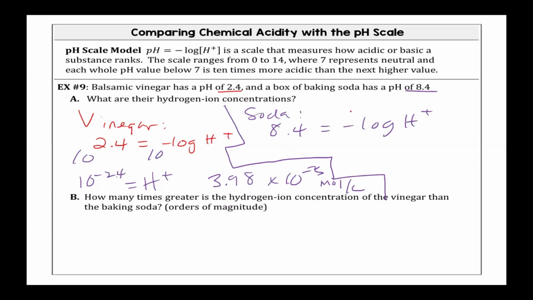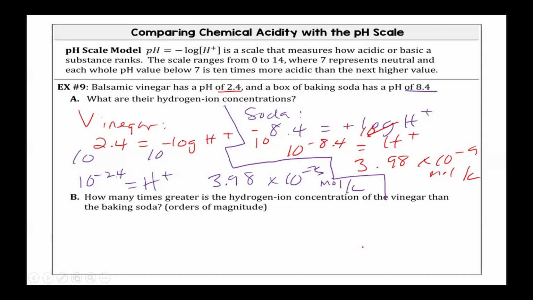Notice here that it's negative, so we divide by a negative, because the first thing is to get the log by itself, which means removing that negative. Now we raise it to 10, and the inverse property cancels that out. We're left with 10 to the negative 8.4 equals our H plus. Type that in the calculator and we get 3.98 times 10 to the negative 9 moles per liter.